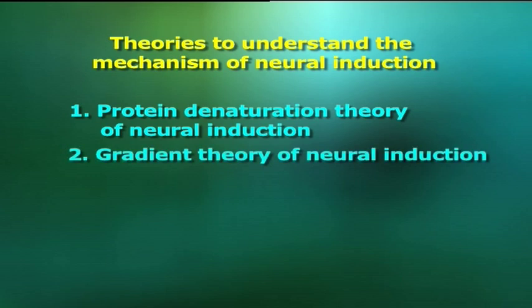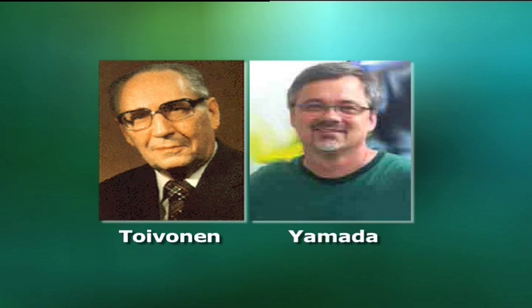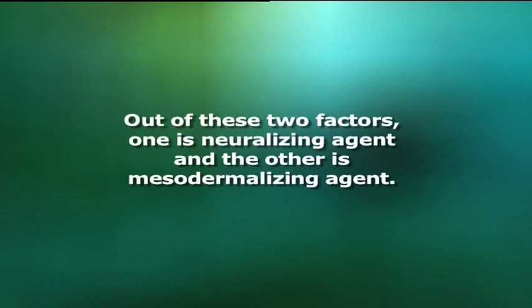Gradient theory of neural induction. Toivonen and Yamada stated that two chemically distinct factors are involved in the action of primary inductor. Out of these two factors, one is neuralizing agent and the other is mesodermalizing agent.